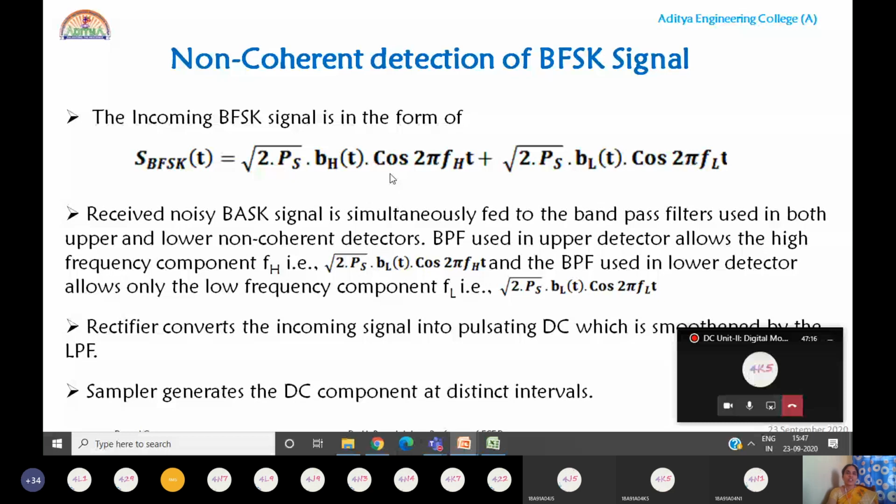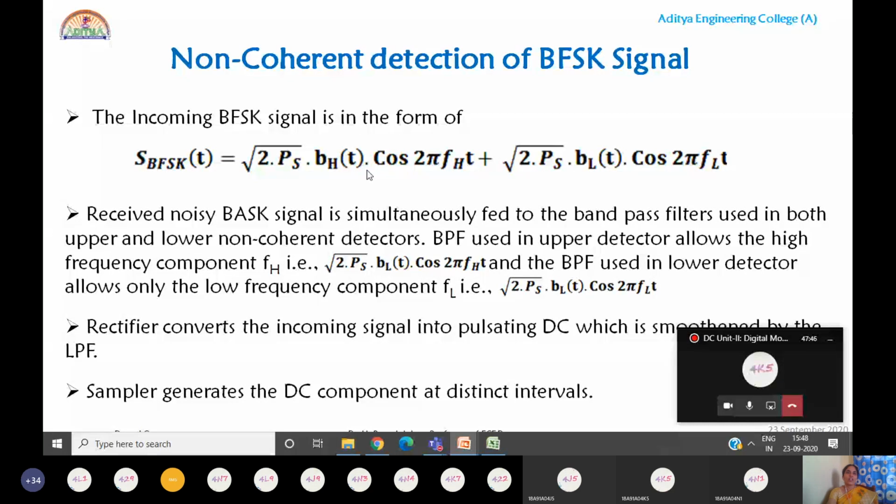The first bandpass filter will allow the first term. What is the first component? It is due to high frequency, that is root 2Ps into BH of t into cos 2 pi FHT. And the second component is due to FL, because the second bandpass filter will allow only the FL component, that is root 2Ps into BL into cos 2 pi FLT.